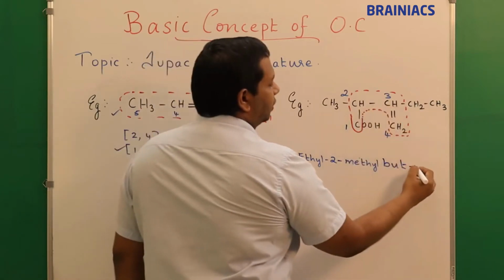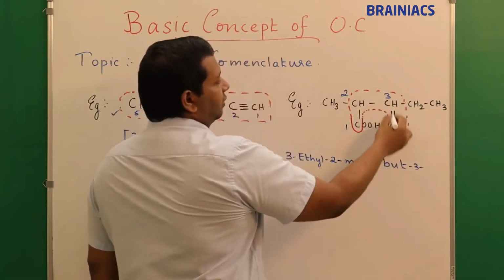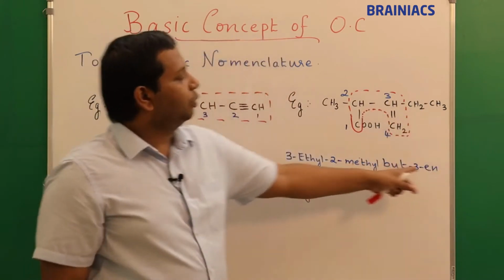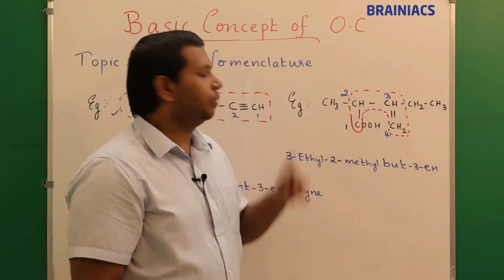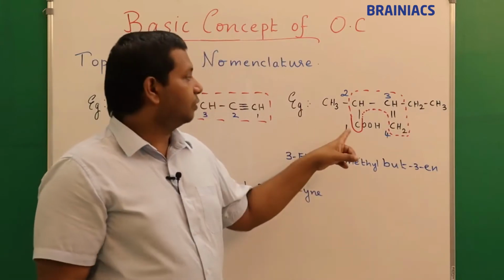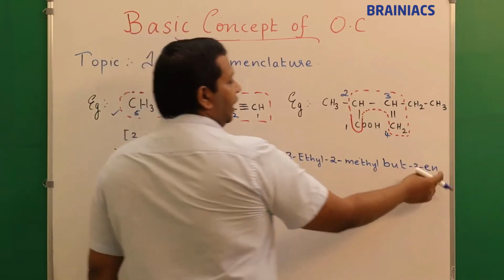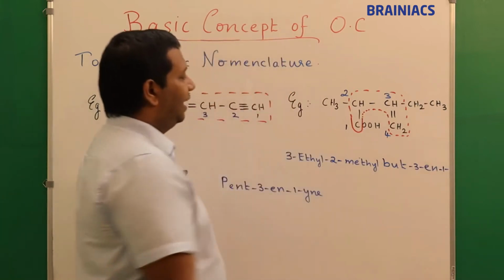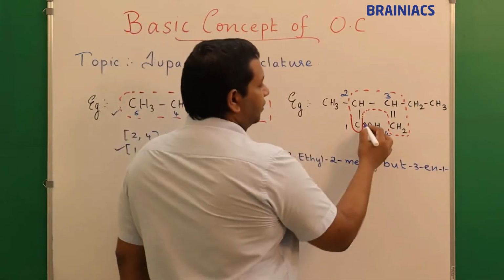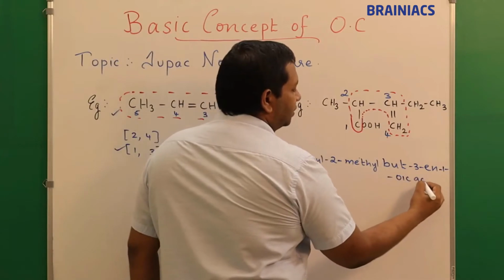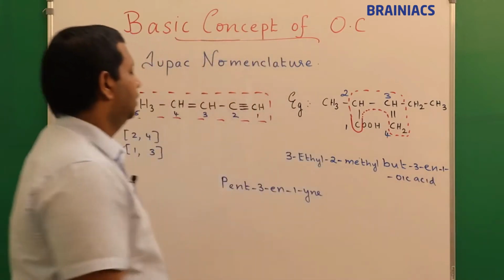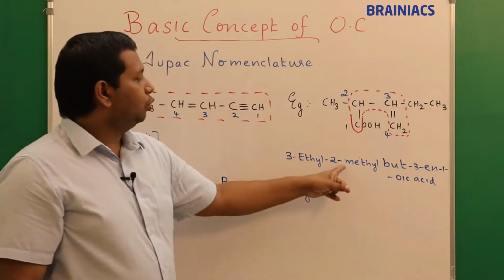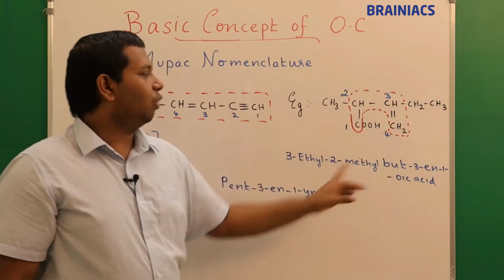At position 3, but-3, then what is coming there? A double bond, but-3-en. Actually I can write but-3, but that is not correct, because here a functional group is also present. So you need to put the suffix of the functional group. So but-3-en, at position 1, 1, what is the suffix? Oic acid. Correct? So the complete name is 3-ethyl-2-methylbut-3-en-1-oic acid.